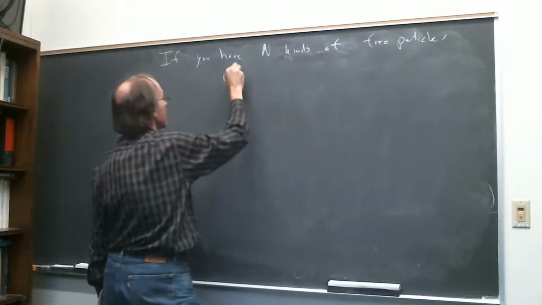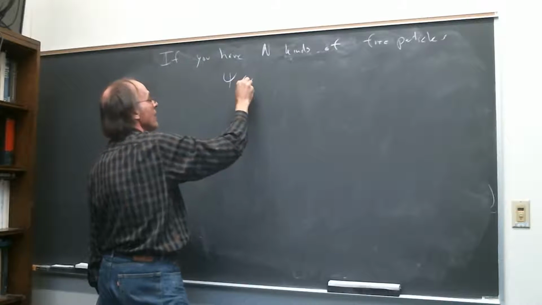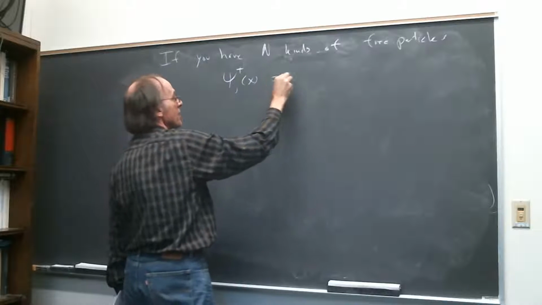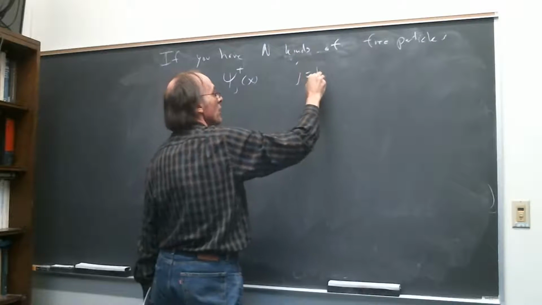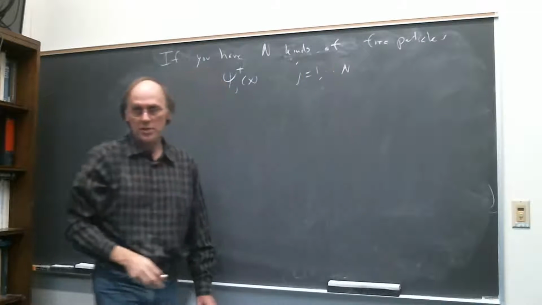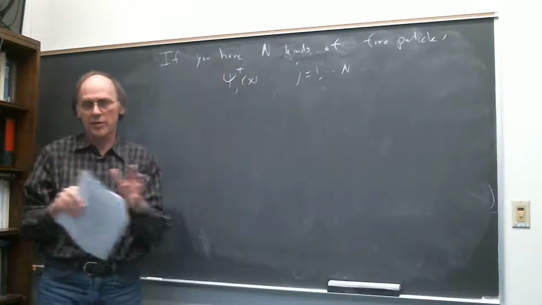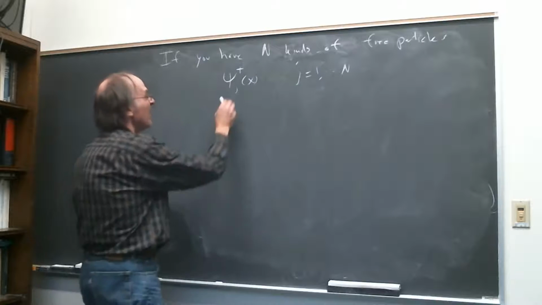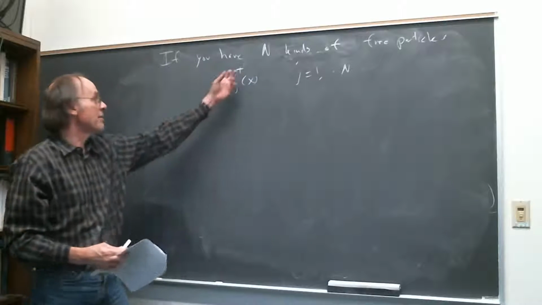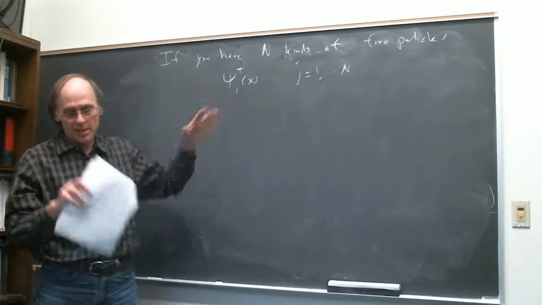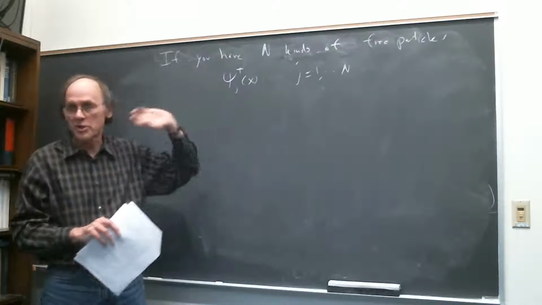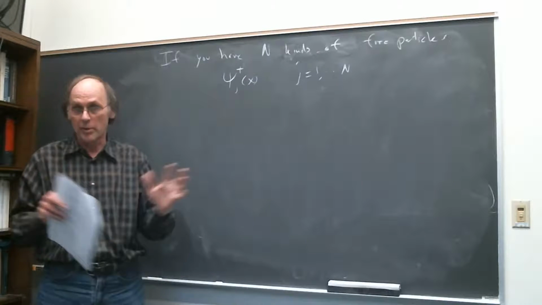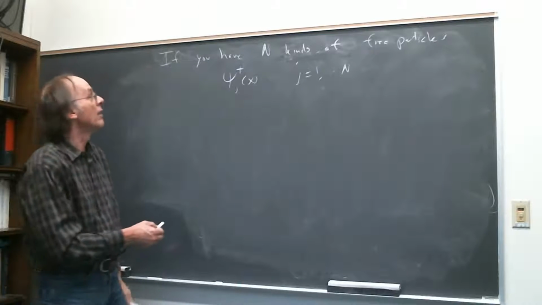So I have psi of x, but I may have a j index where j goes from 1 up to n. If I have different kinds of particles, I can write down the same formulas except one copy for each j, and I just sum over j. So the different kinds of particles don't affect each other, but they all live together in the theory.